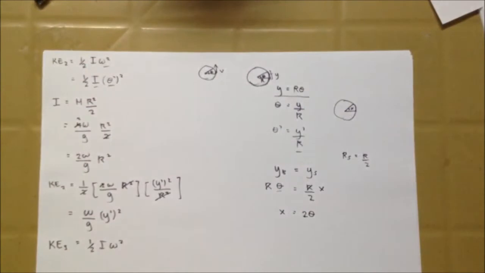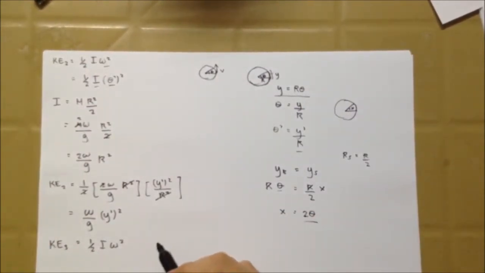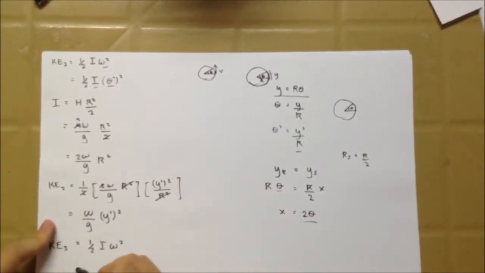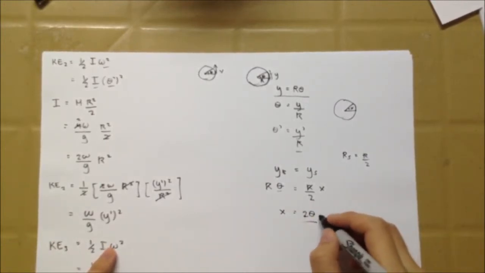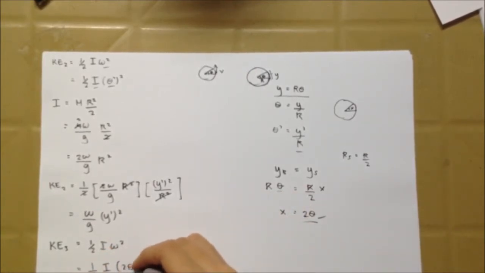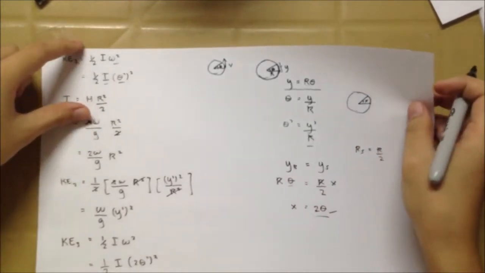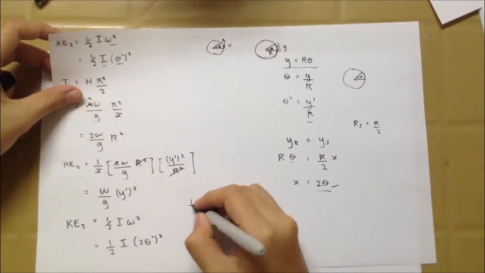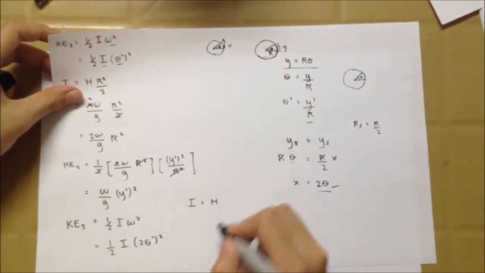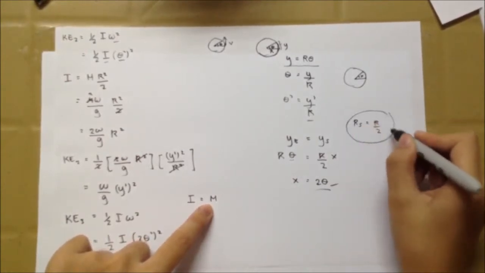Kindly use your imagination. Using this value, we will substitute. We will have 1/2 I times, remember once again, that your angular velocity corresponds to the derivative of your displacement theta, so this corresponds to 2 theta prime squared. Now, using the same concept, the inertia is equal to 1/2 the mass times the radius squared, but take note that the radius of your smaller pulley is r over 2.